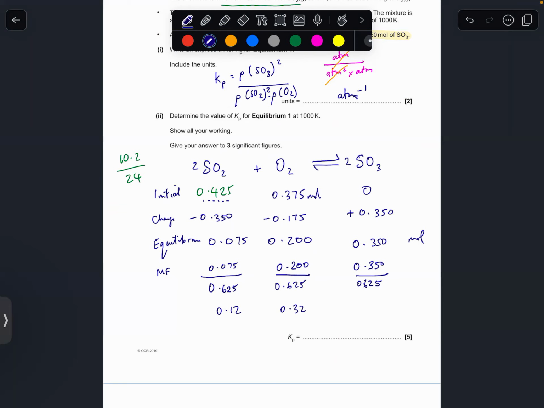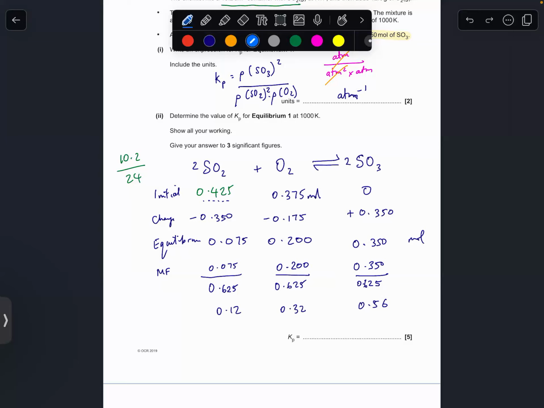I'm just working this out. These two add up to 0.44, so I can predict that this will be 0.56. But let's just work that out as well. 0.35 divided by 0.625. Yep, 0.56, because the mole fractions add up to 1.